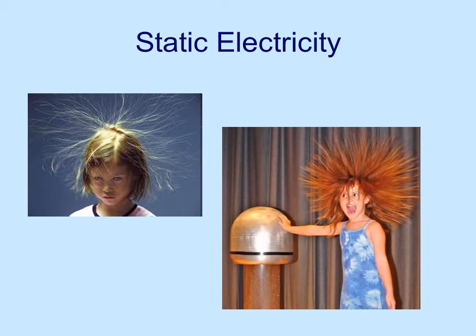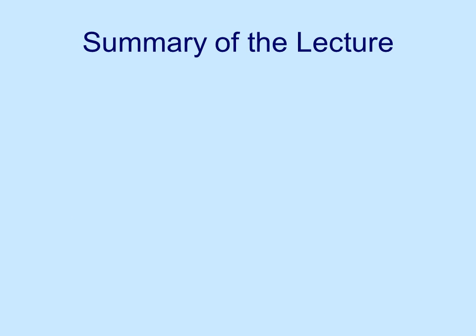The girl on the right is touching what we call a Van de Graaff generator that generates electricity. It's not enough to shock her, but it's enough to send electrons through, and you can see her hair is really standing up because all of those electrons are repelling one another.